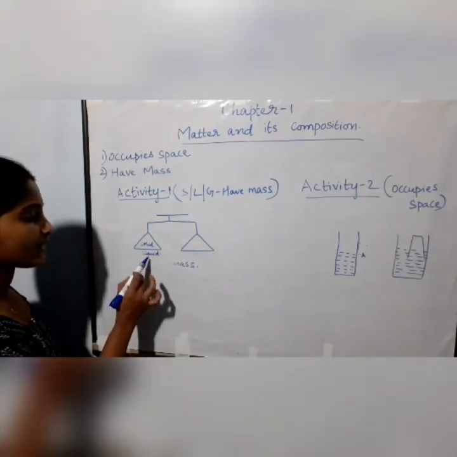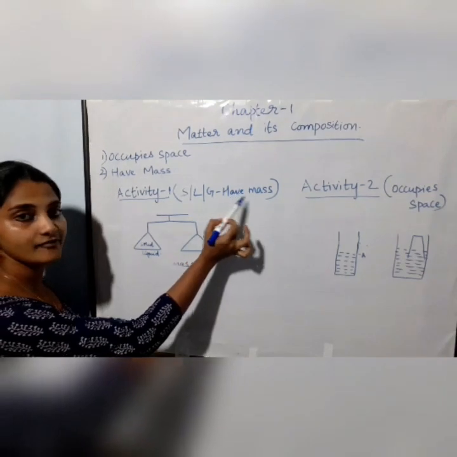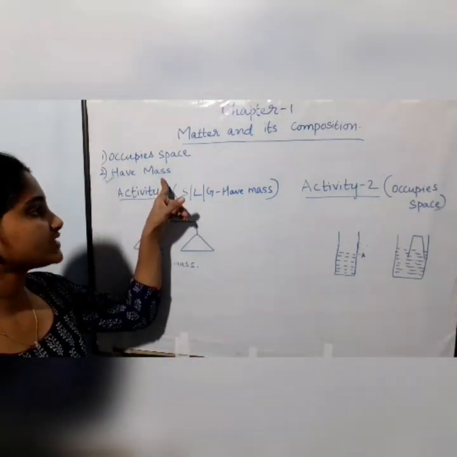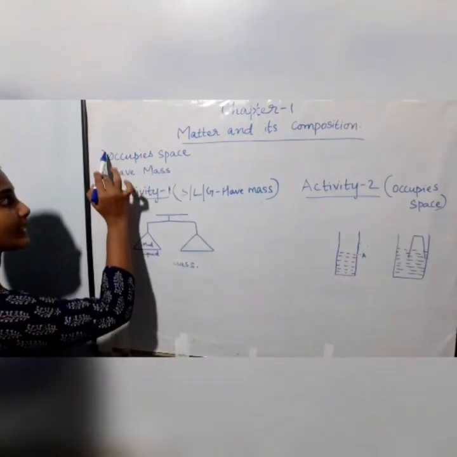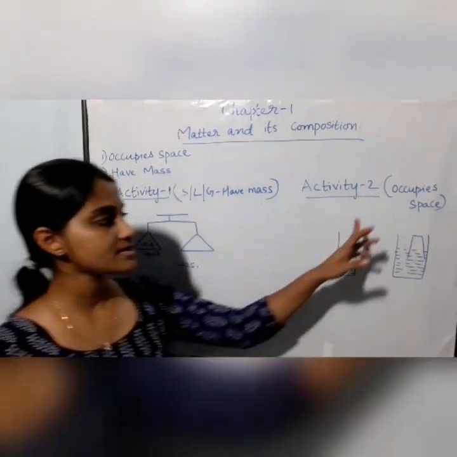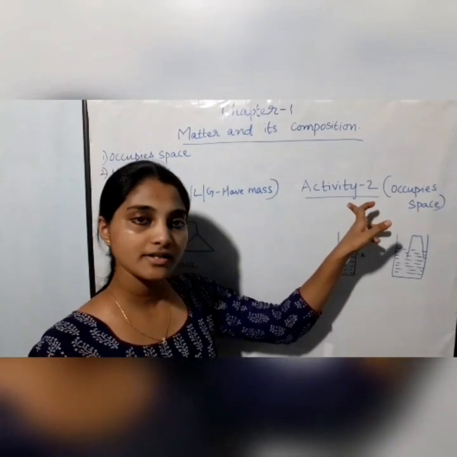So now we have proved that solids, liquids and gases have mass. Now let us prove that all solids, liquids and gases occupy space. For that, let's get into the second activity.